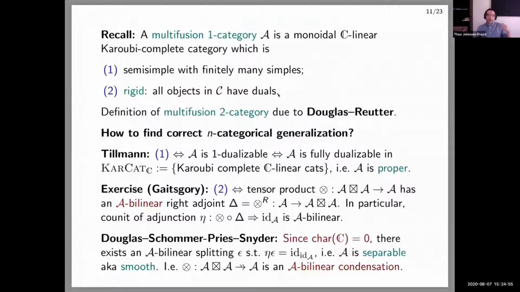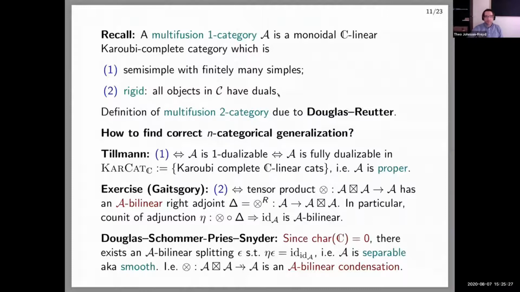A separable multifusion one category is a monoidal C-linear one category, which is Karoubi complete, whose underlying category is dualizable, and also the multiplication map is an A bilinear condensation, an A bilinear separable adjunction. That's the definition of a separable fusion one category.